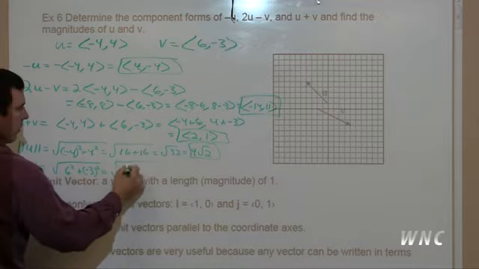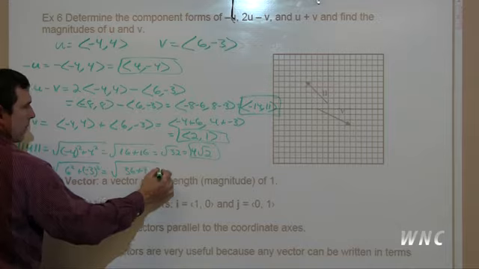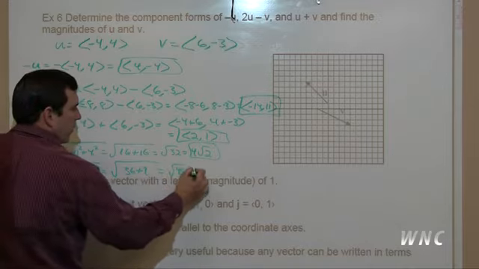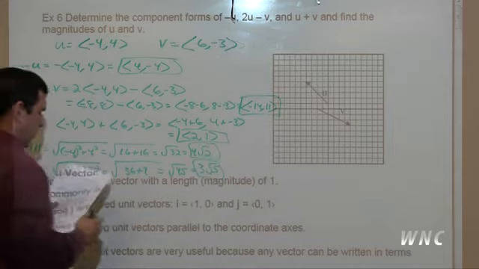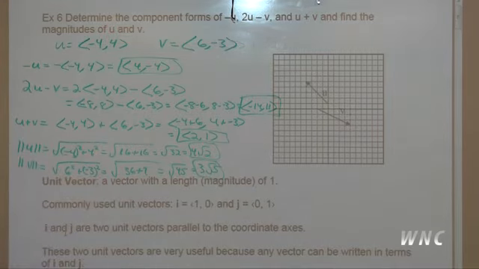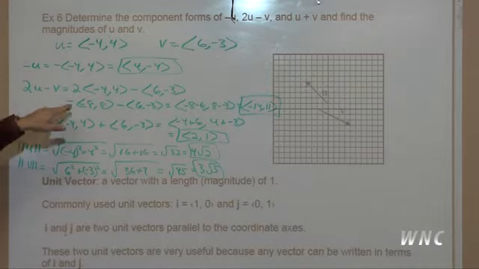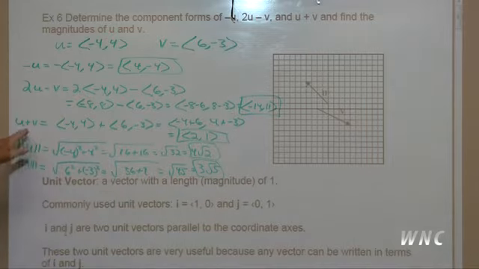That's square root of 36 plus 9, square root of 45, which is 3 times the square root of 5. That was a lot. Okay, so we found our negative u, 2u minus v, u plus v, the magnitude of u, and the magnitude of v.